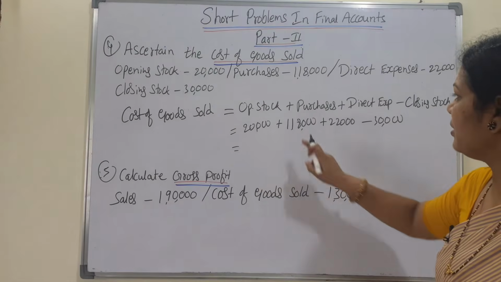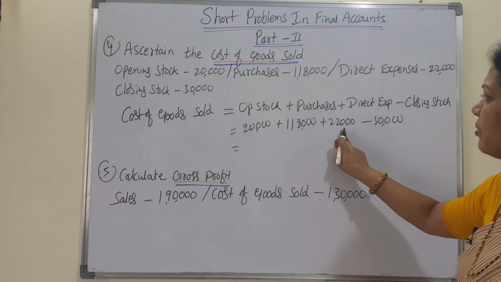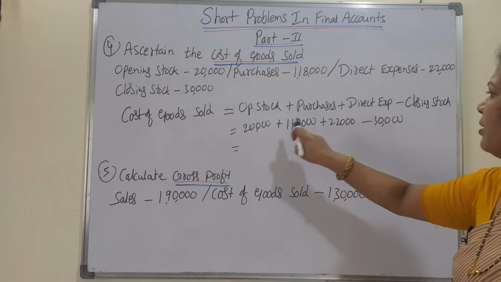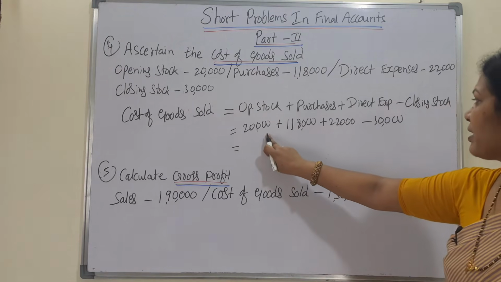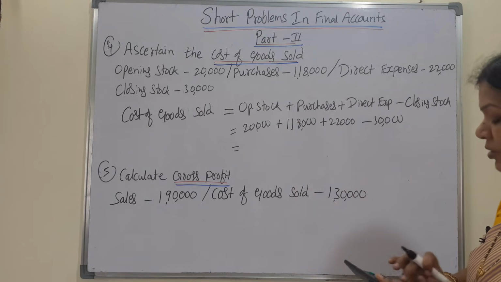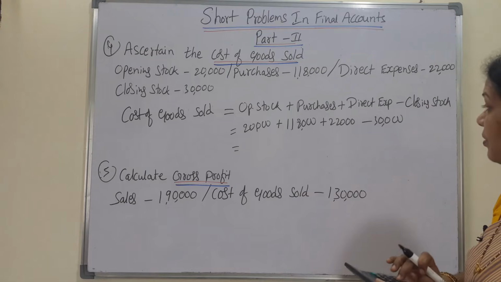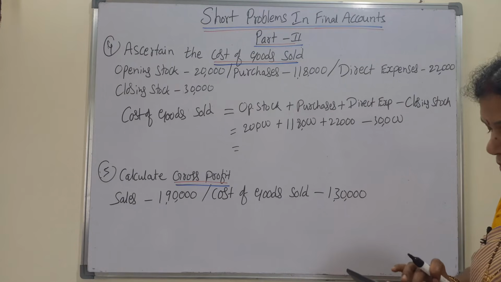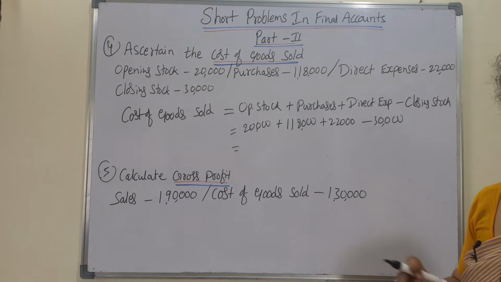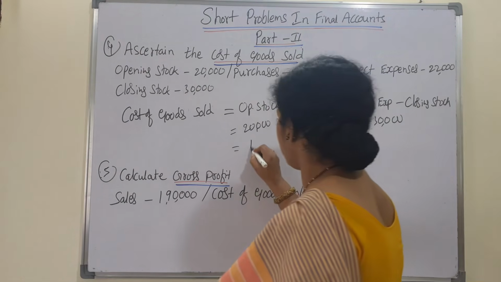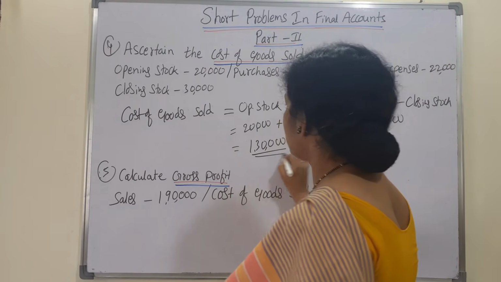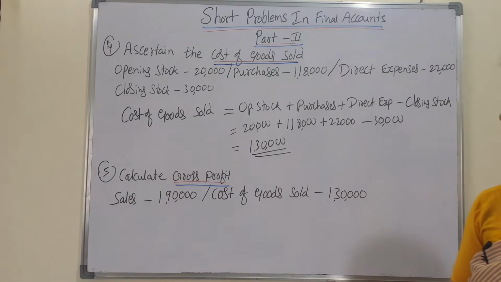Say 1,18,000 plus 22,000 means it is 1,40,000, 1,40,000 plus 20,000, 1,60,000. Let me check it out. Yes, 1,60,000. 1,60,000 minus 30,000 is 1,30,000. So this is the cost of goods sold.